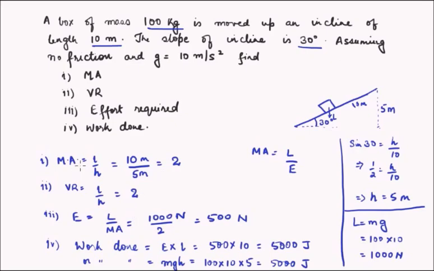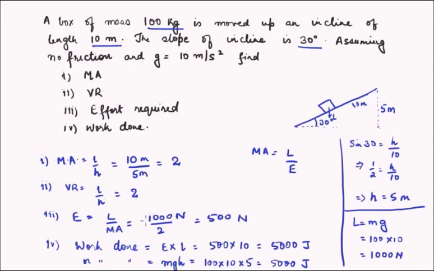Because mechanical advantage is 1 upon sine theta, and mechanical advantage for 15 degree would be higher than for 30 degree, and mechanical advantage being higher reflects as a lesser required effort, because effort is inversely proportional to mechanical advantage.